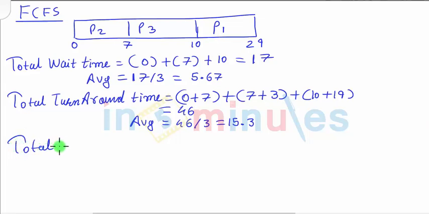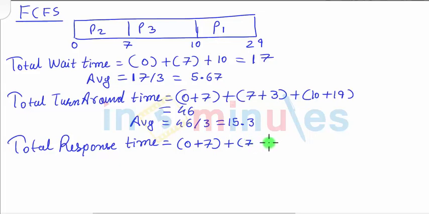The last thing in the series is to talk about response time. The total response time is the wait period added with the time of completion. In this case P2 had a 0 wait period and it completed at 7. P3 had to wait till 7 and then got completed in 3.